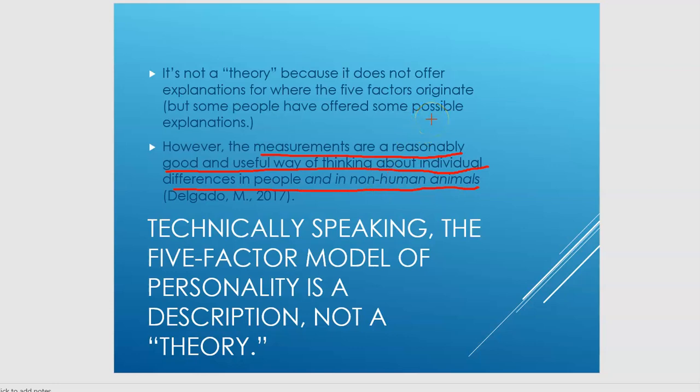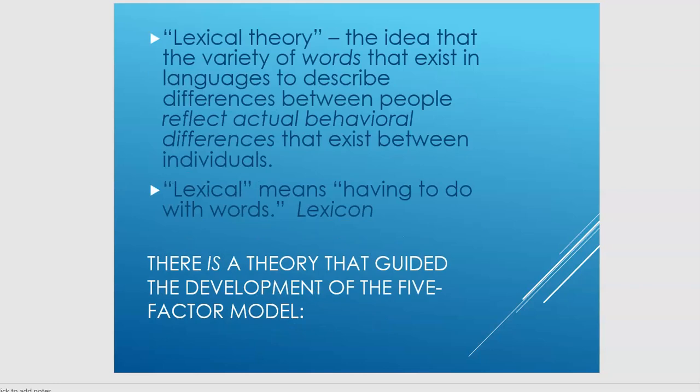So one of the strengths of the five-factor model is that we have done enough research to understand what it is that the scores predict in terms of our tendencies to behave.